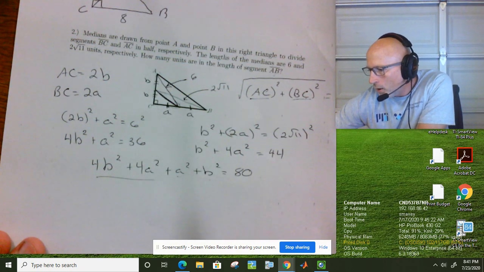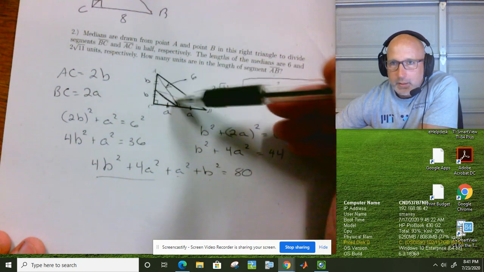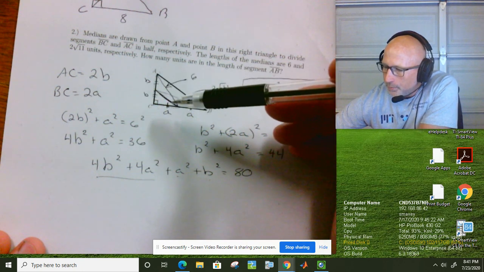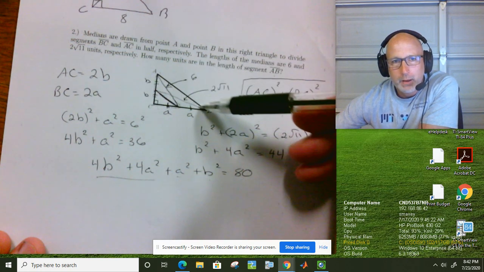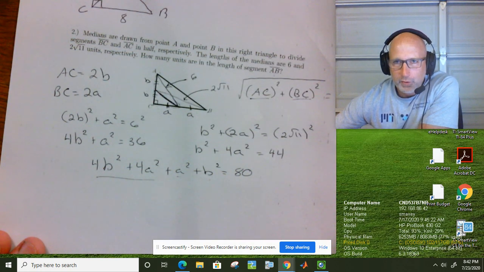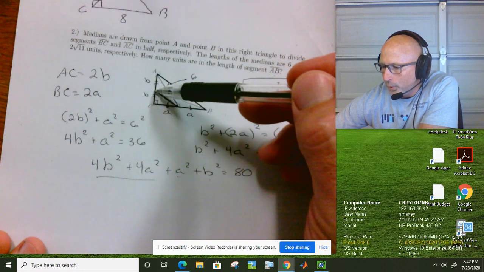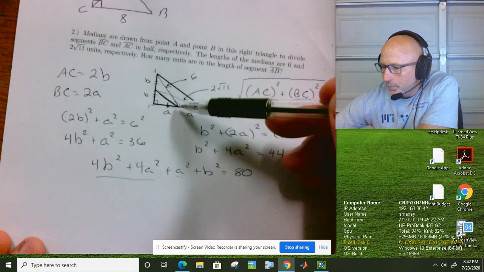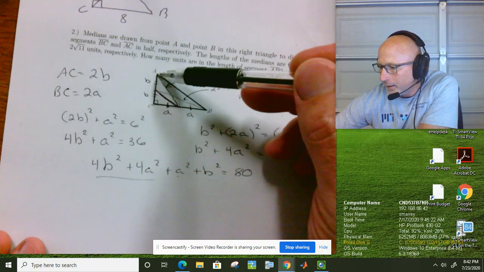Well, I don't know what this is, but since these are medians, I do know there's a relationship between this length right here and this length right there. And what is that relationship? Hopefully you know what it is. Because this is the midpoint of this side and this is the midpoint of this side, that means this is half the length of that.